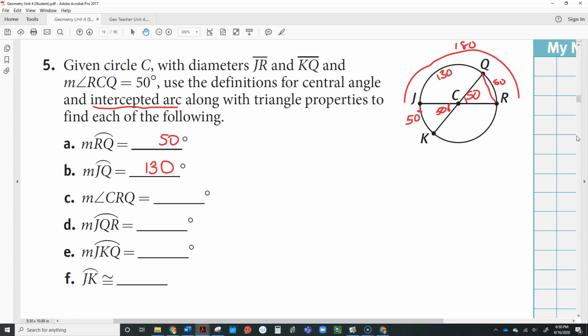And what do you know about the measure of all radii in a circle? That's exactly correct. They are the same measurement. So this is an isosceles triangle. And you learned about an isosceles triangle theorem. 50 right here is the vertex angle. Those two legs are the same, so these are the base angles. So we know that 180 minus 50 will leave me 130, and that 130 has got to be divided evenly.